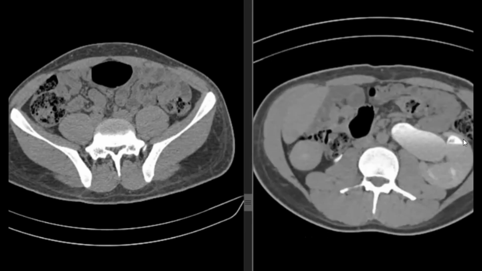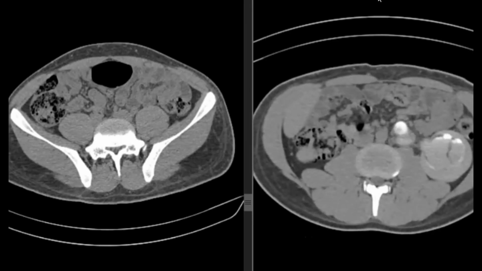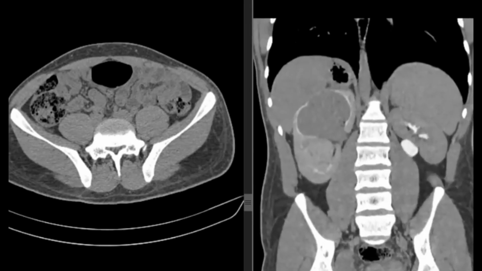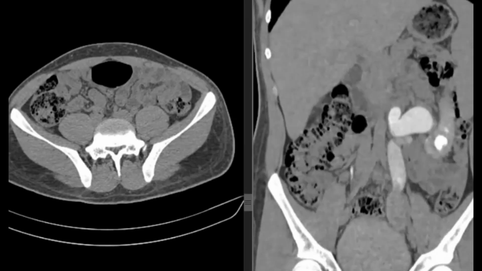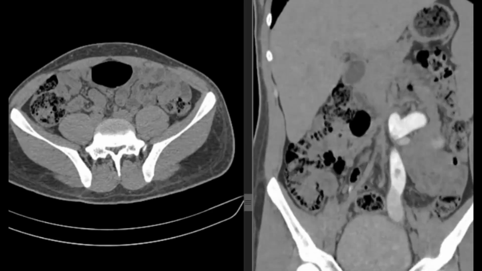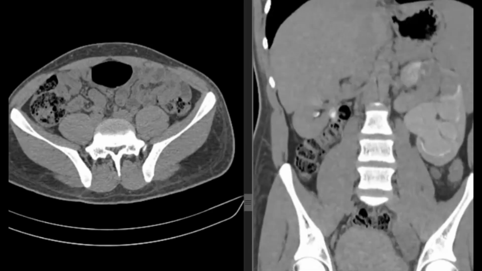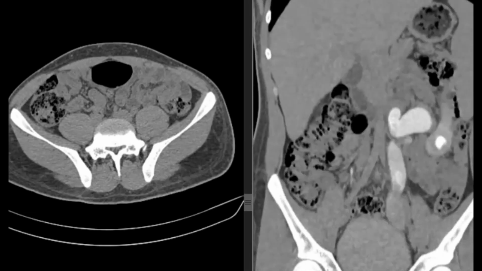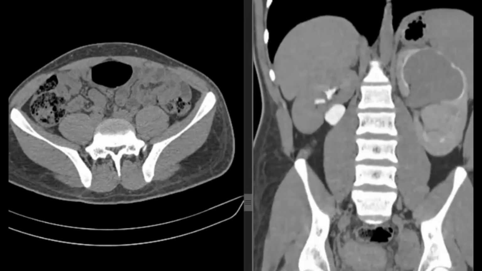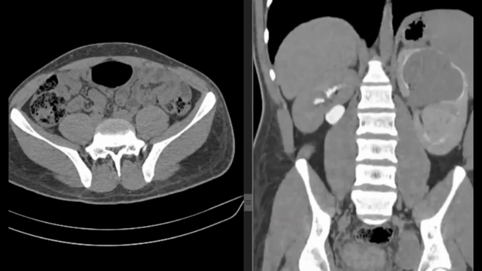I want to see the coronal image to look if it is a duplex collecting system or not. Yes, doctor, it is a double collecting system, but partially duplex, double pelvis but single ureter. Yeah, it's a partial duplication, not complete duplication. This is regarding the left side.